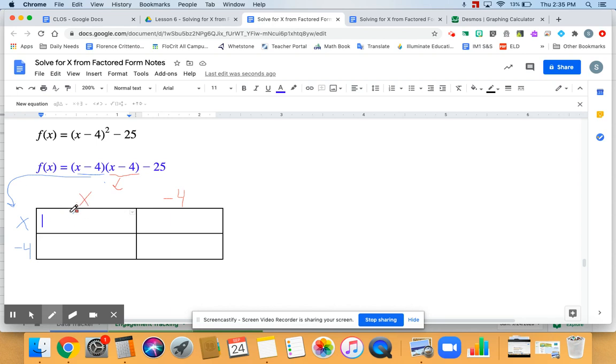For example, this box right here will come from this red x getting multiplied to this blue x. So this blue x right here will go to this box and over here to this box.